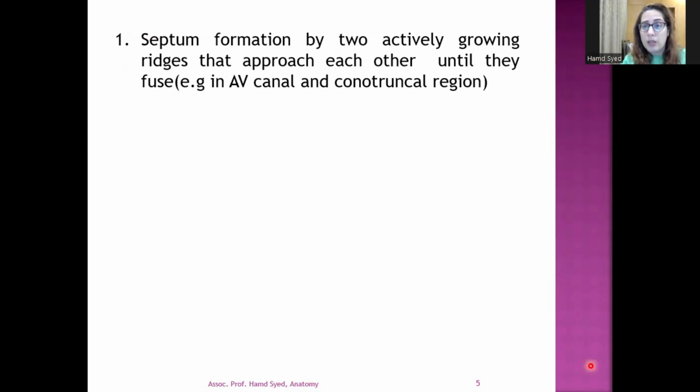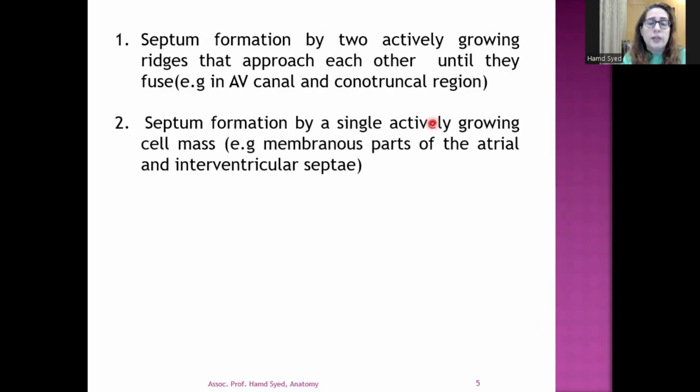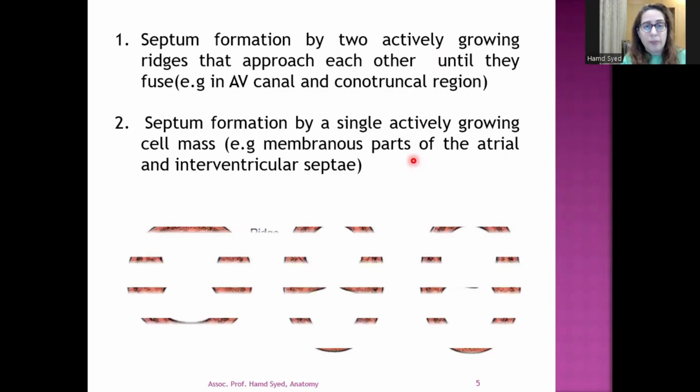And these septae, which are formed by this method, form in the common atrioventricular canal, and it also happens in the conotruncal region. Then the other method by which the septae might be formed is when there is a single actively growing cell mass, and this is the process which takes place in case of the interventricular and atrial septae.